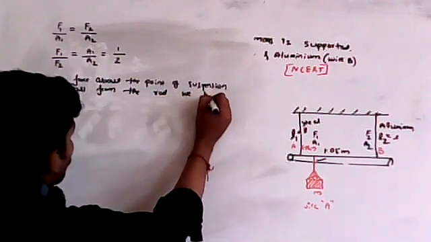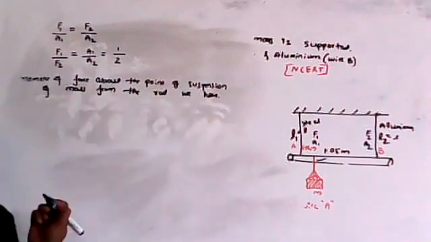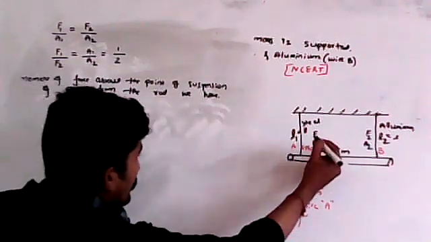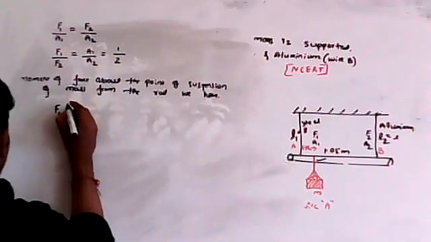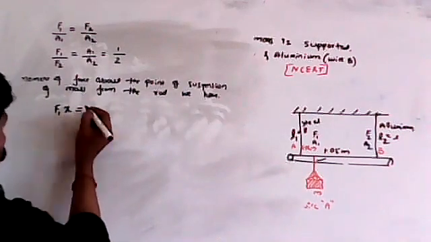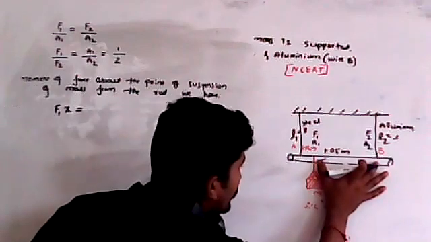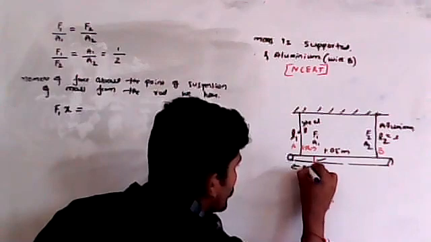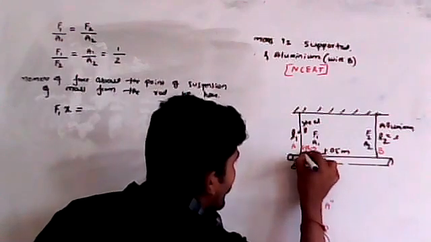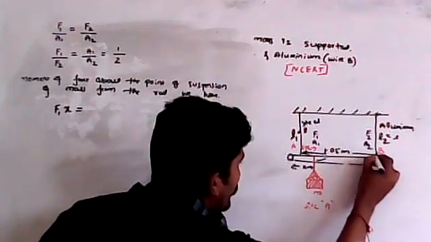So we have one formula. F1 into x is equal to the remaining length we already know. For example, this is x, and the total length is 1.05 meter.